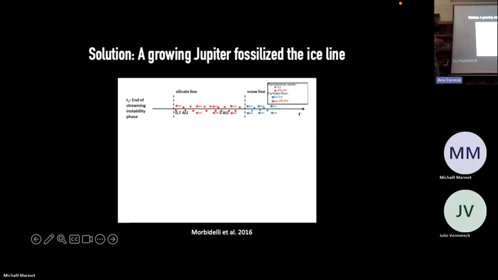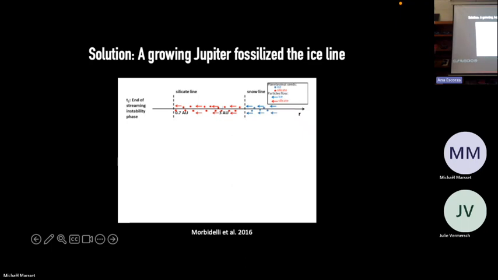The protoplanetary disk was very warm, so the snow line, which is the limit at which a species can condense, in that case water, was quite far away from the sun. Objects that are created within the snow line would be completely dry, and objects that form beyond would be icy, right?